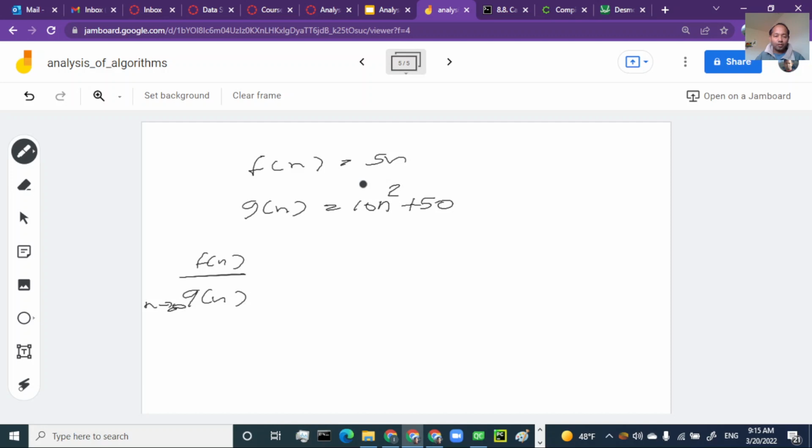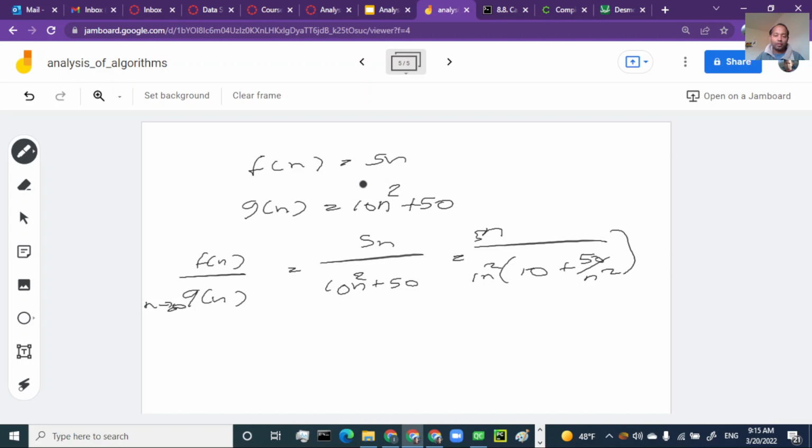So we have 5n over 10n squared plus 50, and you have done this in your calculus class. So how do we prove this? We take n squared out of the denominator: 10 plus 50 over n to the 2.